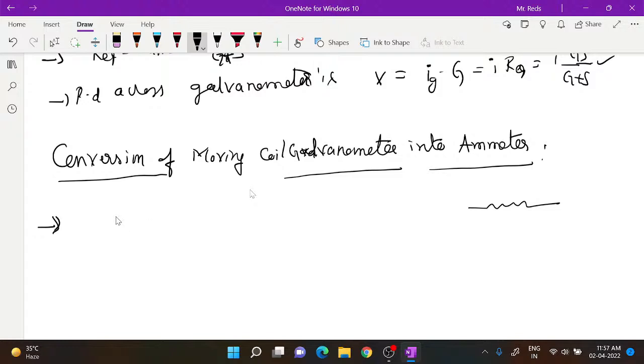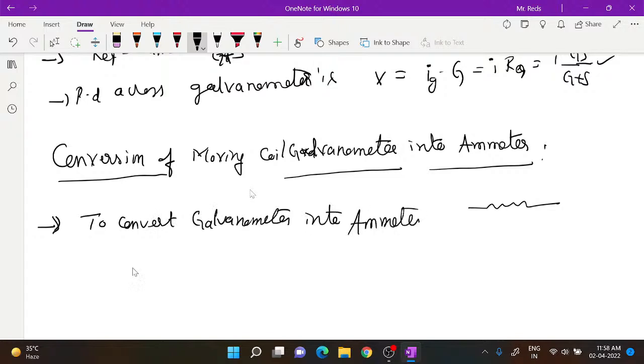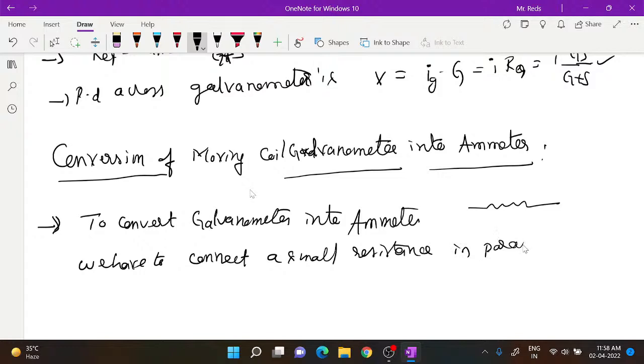I can write it as a definition point. To convert a galvanometer into an ammeter, we have to connect a small resistance or shunt resistance in parallel with the galvanometer.